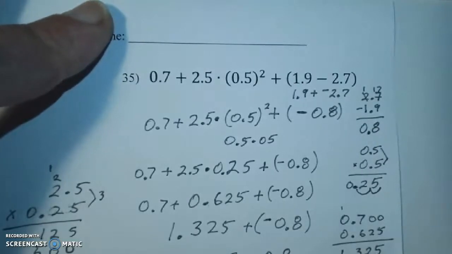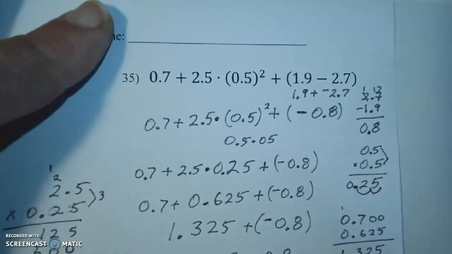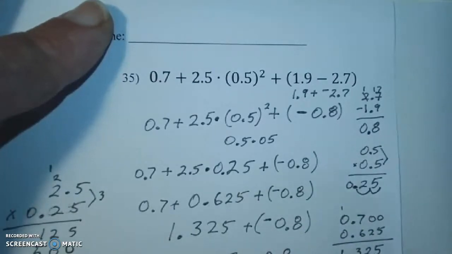Either way, either view it as minus or say that this is a positive and that's a negative. There are different signs. We need to subtract. We need to take the smaller one away from the larger one. So put the larger number on top, 1.325, 1 and 325 thousandths. You want to take away 8/10.